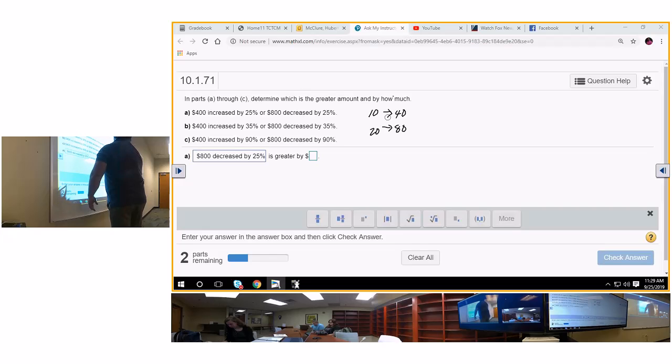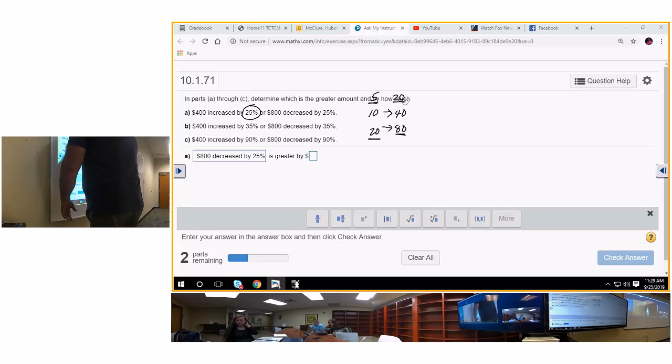And 20 is how much? 5%. So what would 25% be? 80 plus 20, right? 20 plus 5. You see it? 80 plus 20 is what? 100. So this is 500.